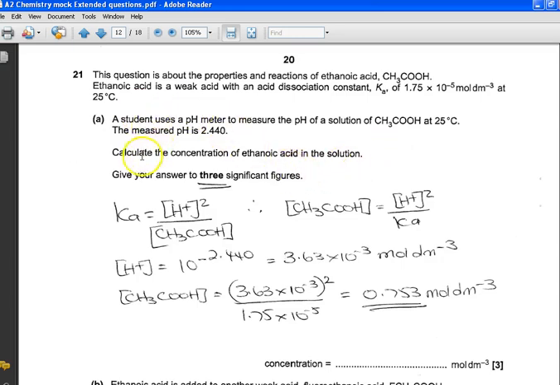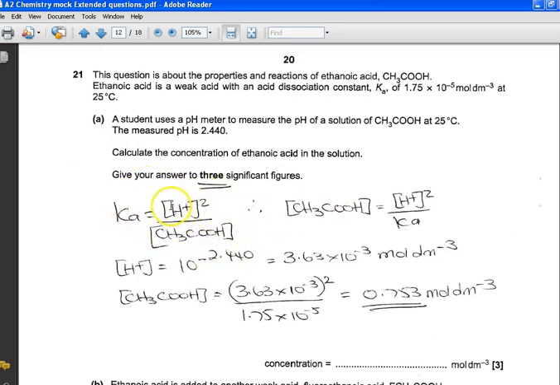Okay, so how are we going to do this? We're given a value up here that the pH was measured to be 2.440, which gives us a clue that we need to work out the concentration of H+. So we'll do that by 10 to the minus whatever the pH is. We've got our expression for Ka here.